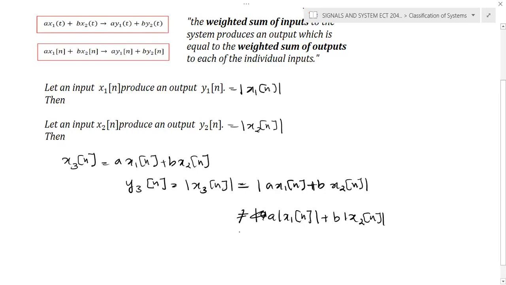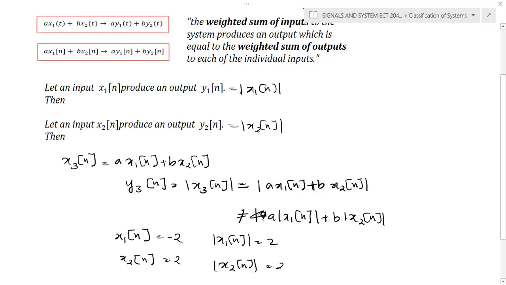I'll give you a simple example. Assume that x1 of n is minus 2 and x2 of n is equal to 2. If you take the modulus of x1 of n, it is equal to 2, and the modulus of x2 of n is equal to 2.